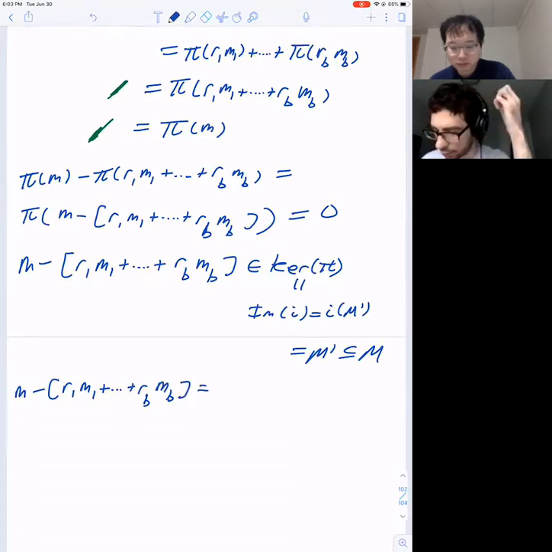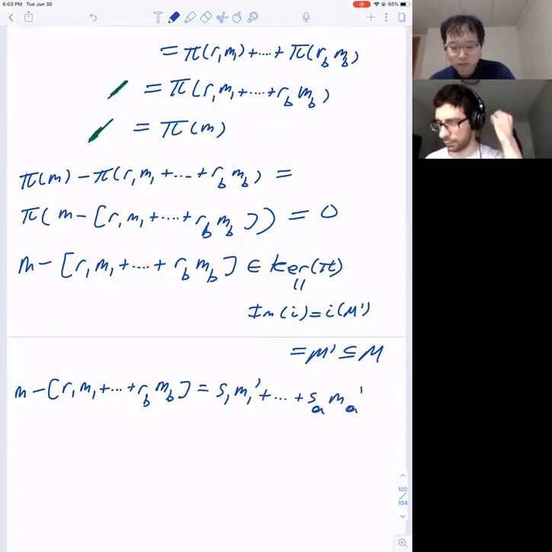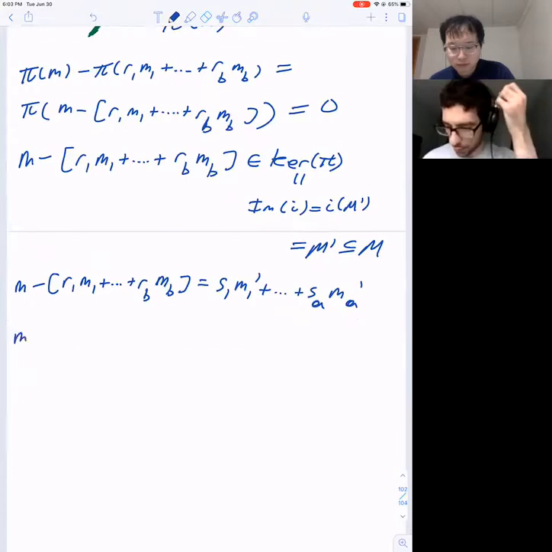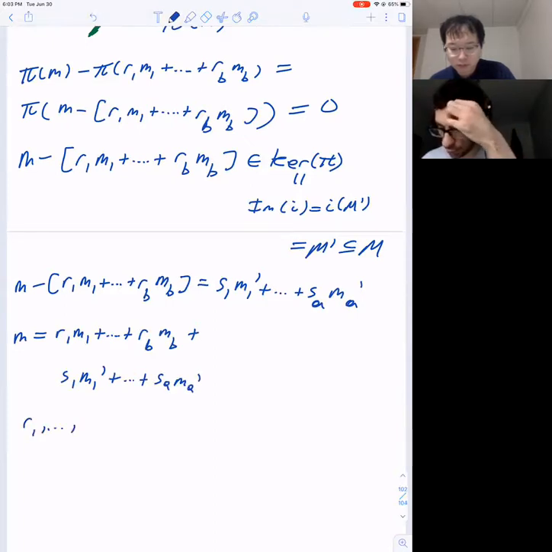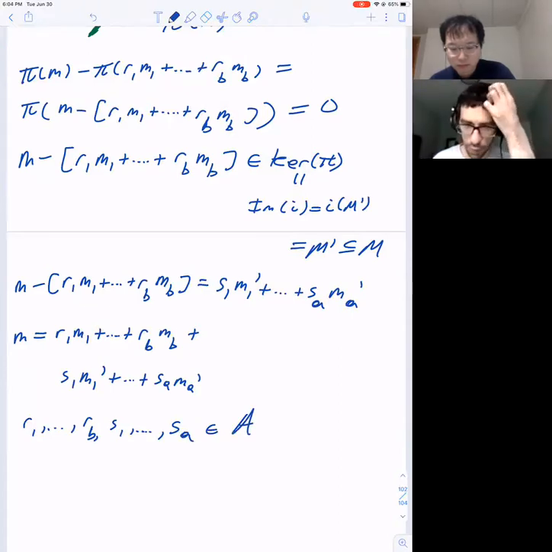So this M prime is generated by all these, I'll call it S1 M1 prime, S2 M2 prime, up to SA MA prime. So m is equal to R1 M1 plus up to RB MB plus S1 M1 prime plus up to SA MA prime for some R1 up to RB and S1 up to SA inside the ring A. But now what?